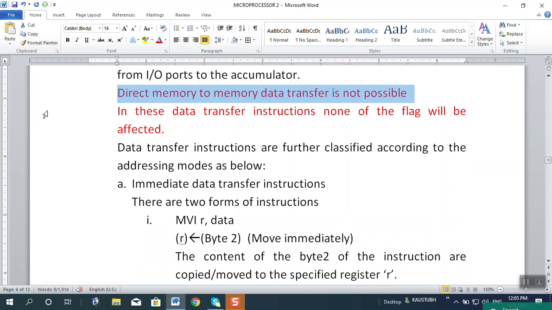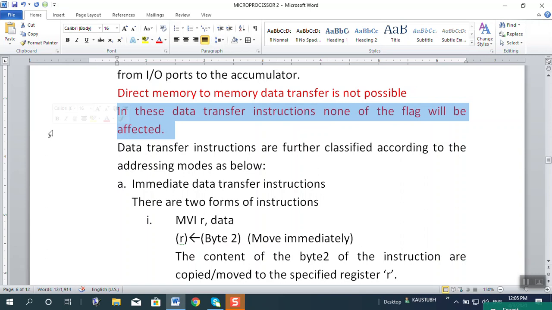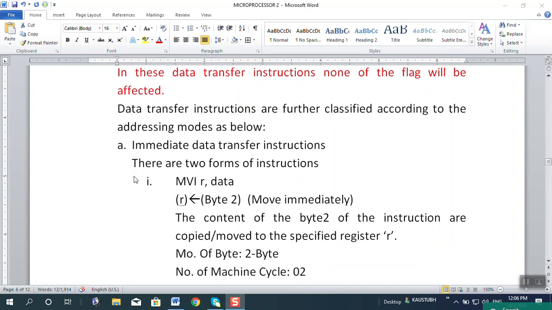Another important thing: since it is a data transfer instruction, none of the flags will be affected while executing the data transfer instructions. So we start according to the different addressing modes. Out of the 5 different addressing modes, there are 4 different types of data transfer instruction, because there is no implicit or implied data transfer instruction.